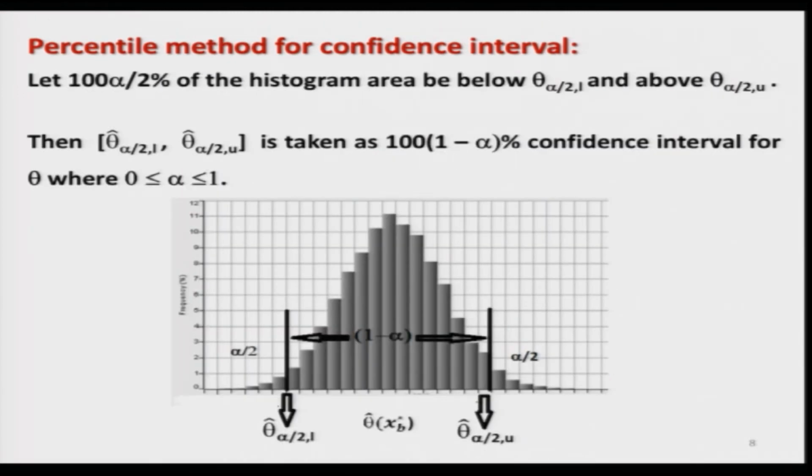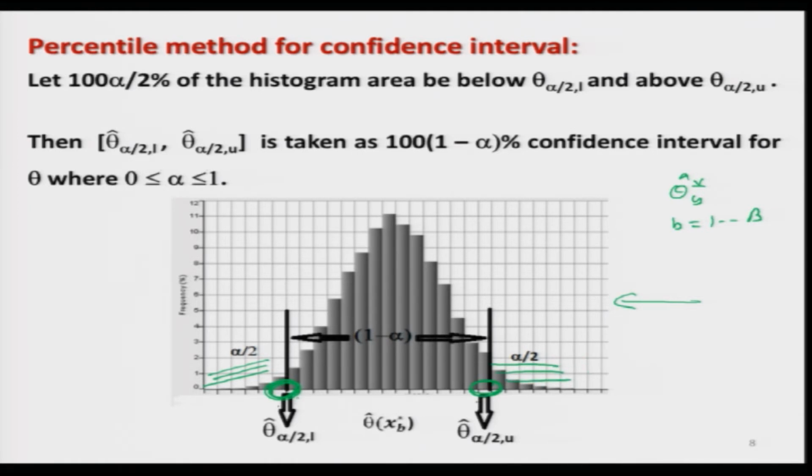So now if I try to do it on a histogram, I assume that we have obtained a large number of values of theta hat star b, say b goes from 1 to capital B, and these values have been plotted in this histogram. So we try to find, on the x axis, the value such that the area on the left hand side is alpha by 2, and the area on the right hand side of this point is alpha by 2.